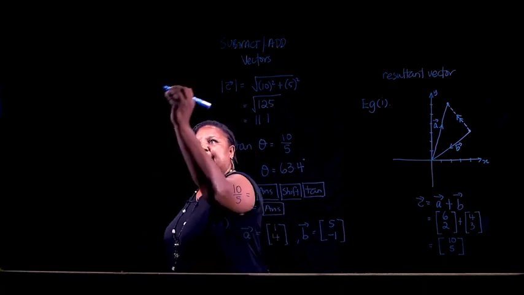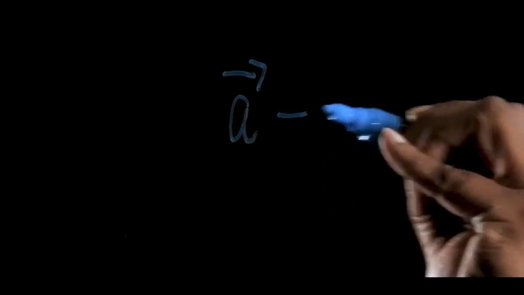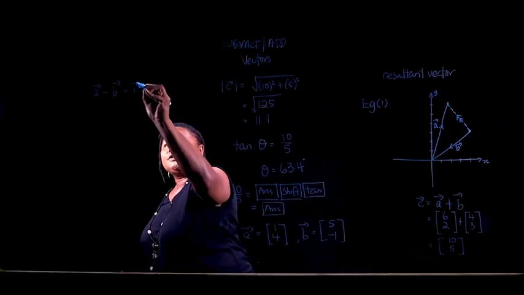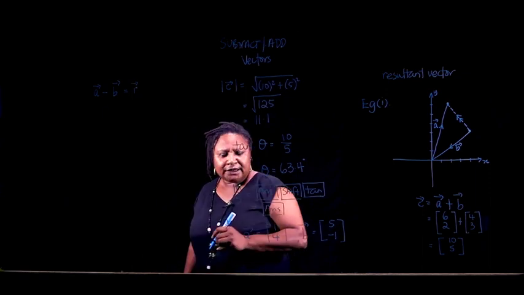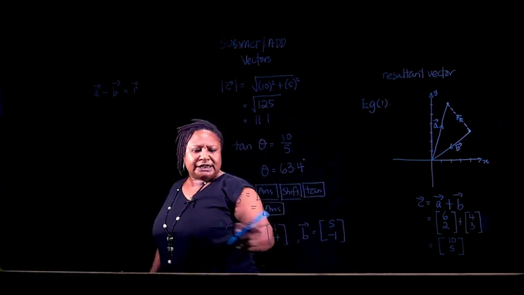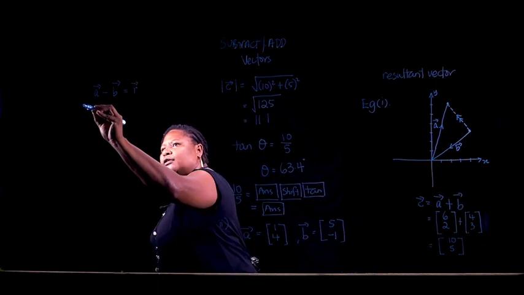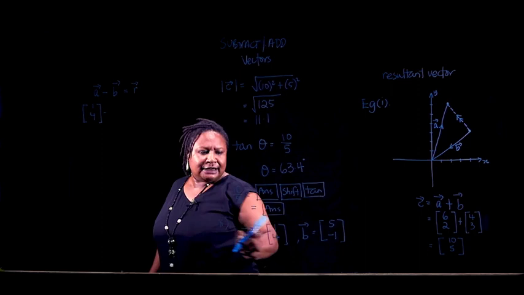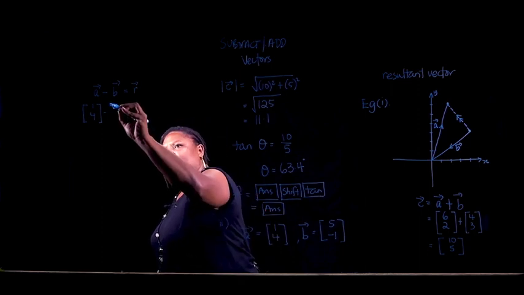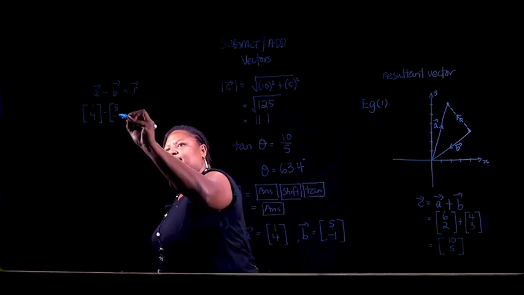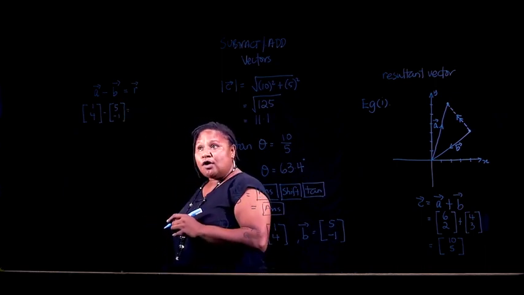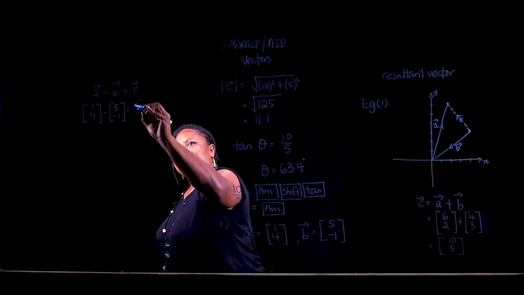We have vector A minus vector B, and this is going to give us the resultant vector. Using the matrices here, 1, 4 minus 5, negative 1 is going to give us a resultant of negative 4, 5.